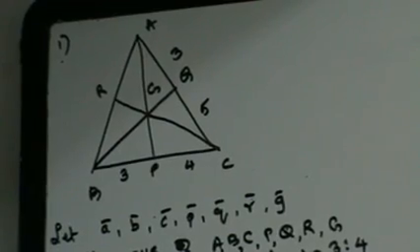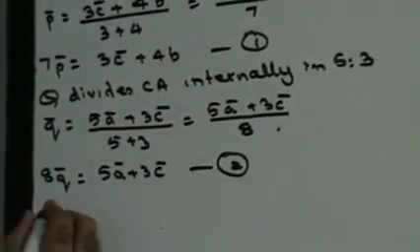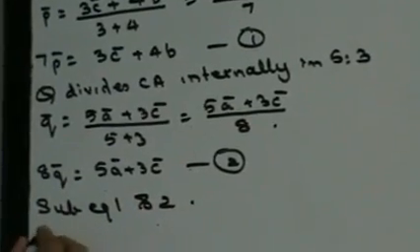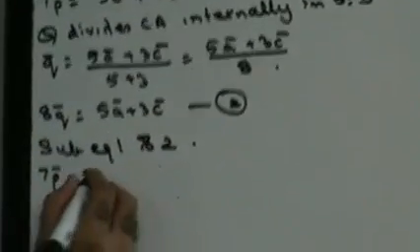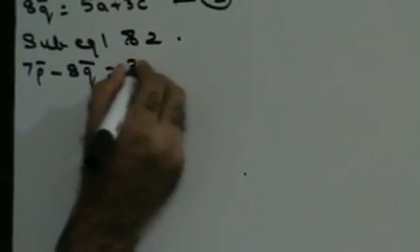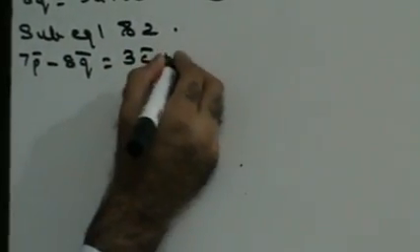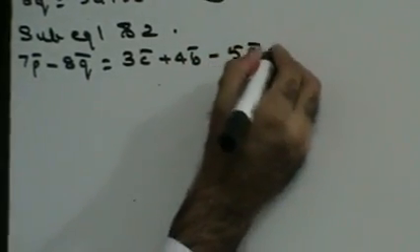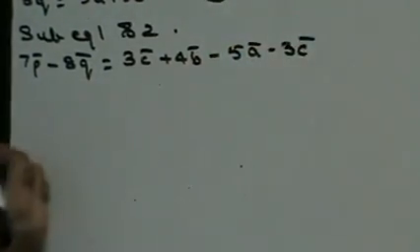If I want AP and BQ in the answer, I'll subtract equation 1 and 2. If I subtract equation 1 and 2, I'll get 7P vector minus 8Q vector is 3C vector plus 4B vector minus 5A vector minus 3C vector.